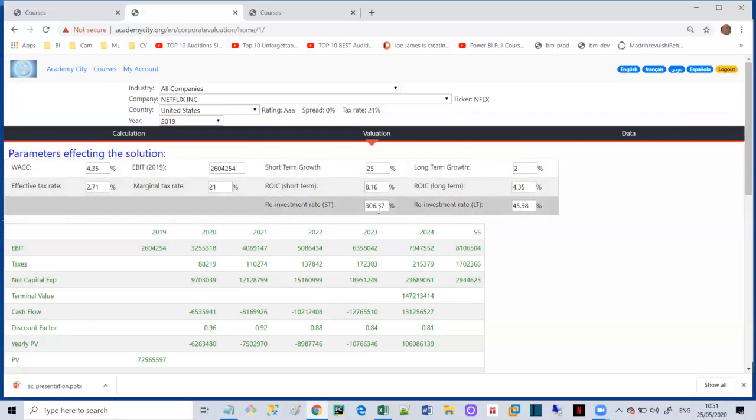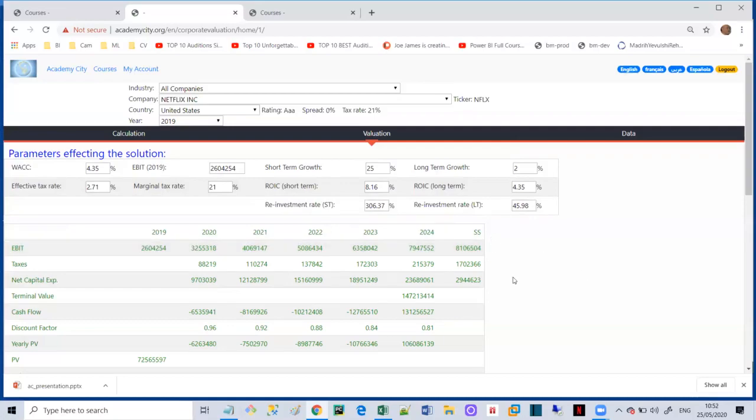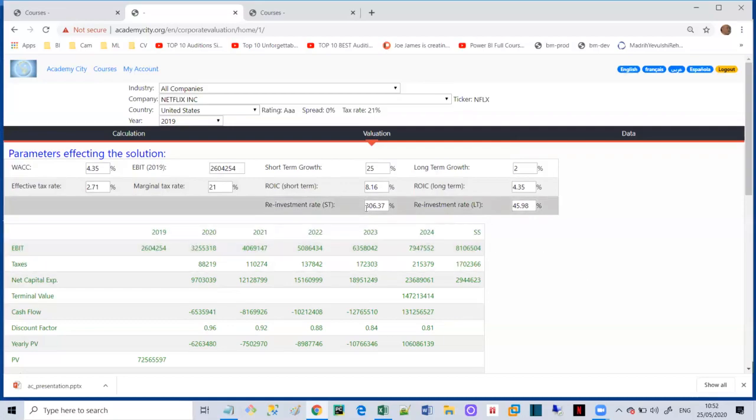Because if I'm sitting in court and testifying about the valuation, somebody will ask, how come it's more than 100%? And I will have to have a really good answer.